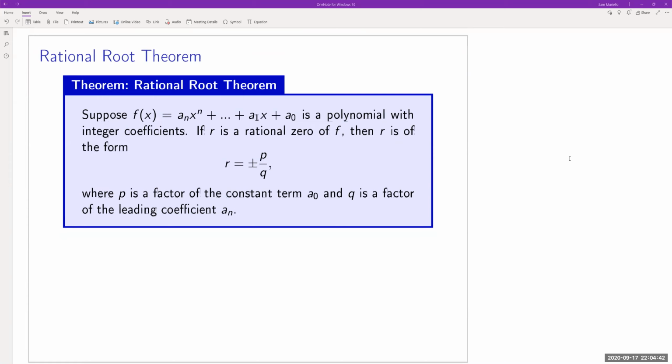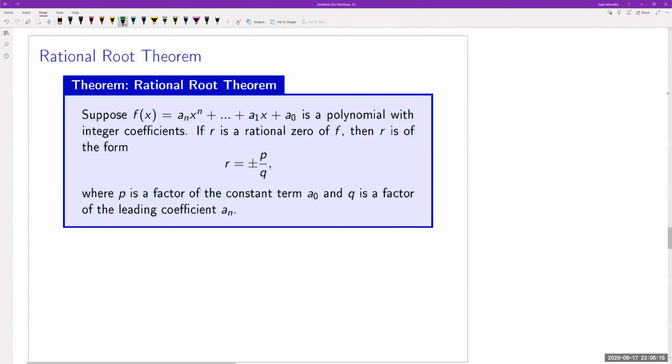If f of x is a polynomial of degree n, all of whose coefficients are integers, so no fractions or decimals as the coefficients of this polynomial, and if r is a rational zero or rational root, so in other words, r is a root of the polynomial that has the form of a fraction, then r is a fraction that is either positive or negative p over q, where p is a factor of the constant of the polynomial and q is a factor of the leading coefficient.